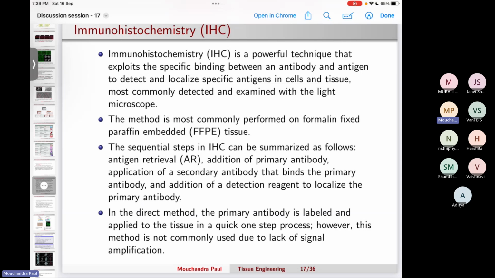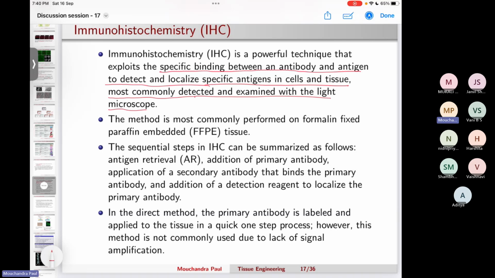So it is a very powerful technique that exploits the specific binding between the antibody and antigen to detect and localize specific antigens in cells and tissues, and they can be most commonly detected either with a light microscope, or if you're using fluorescent dyes, then you may need to use a fluorescent microscope. So as one disadvantage of classical stains was non-specific binding, that is being solved if you are using immunohistochemistry.